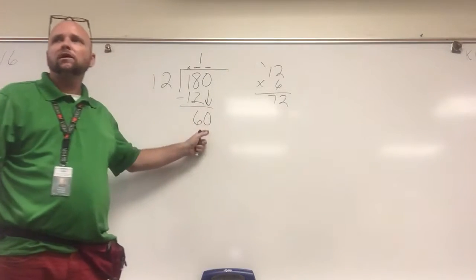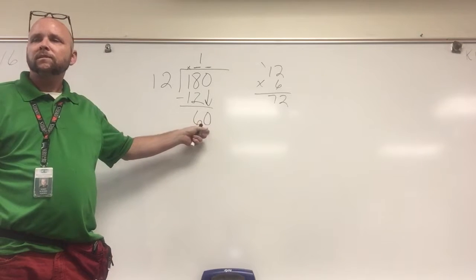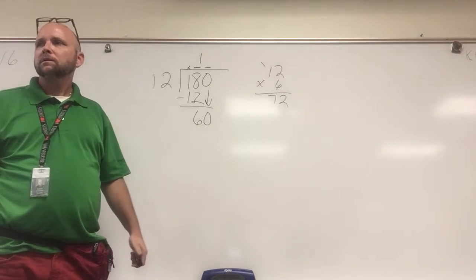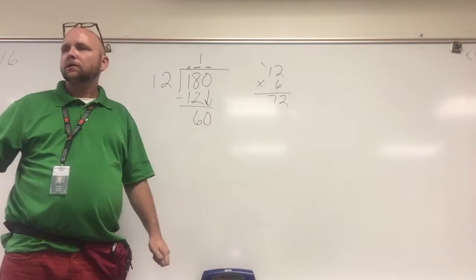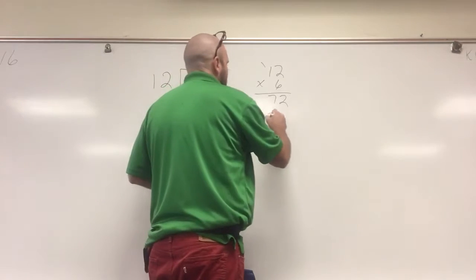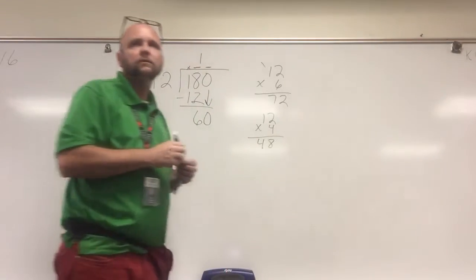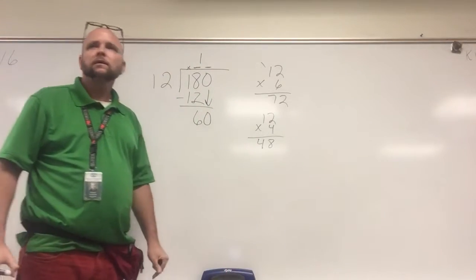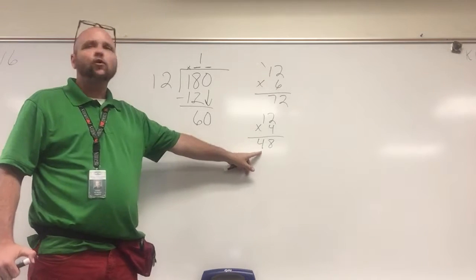So is 72 going to work? Too high. So what should we try now? Let's try 12 times 4. 2 times 4 is 8, so 48. Okay, so 12 times 4 is 48.